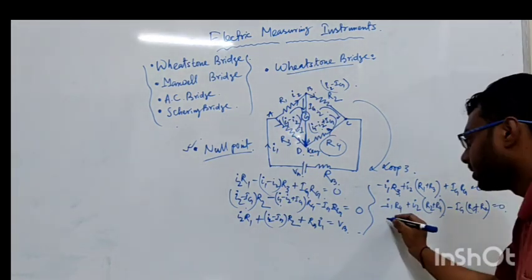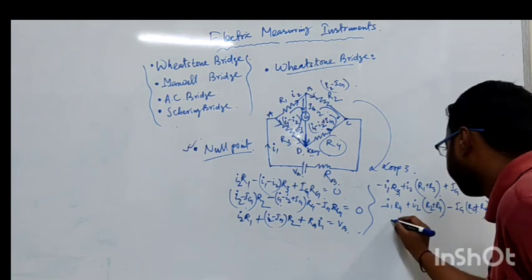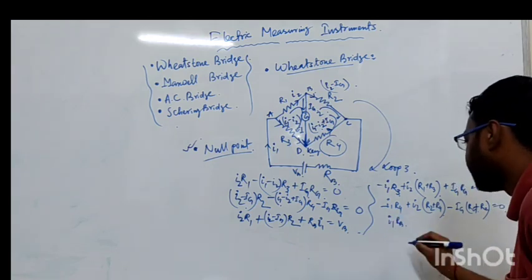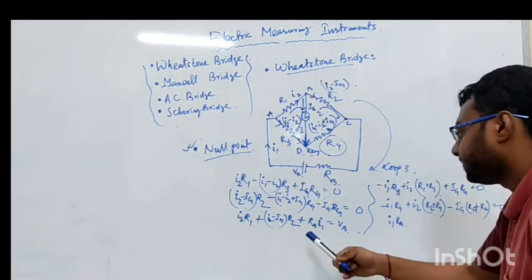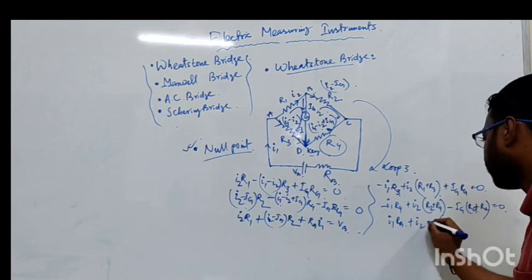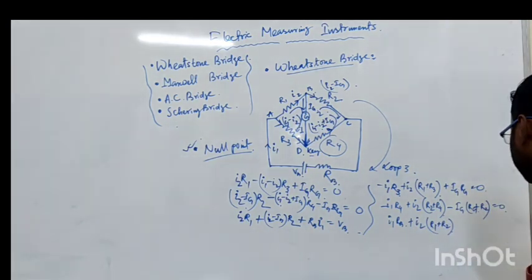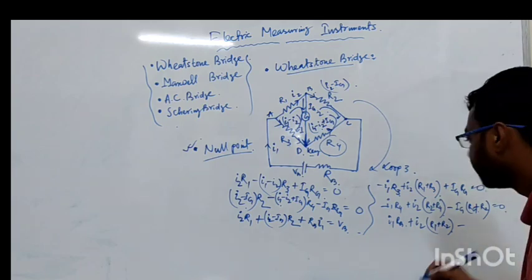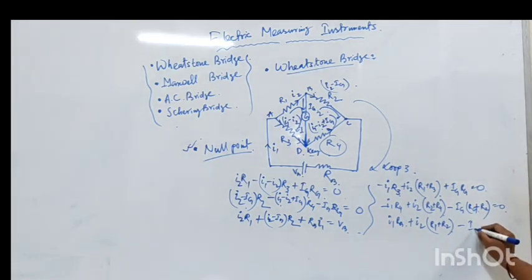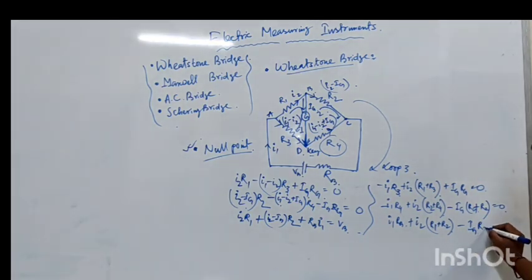And the last one, which is I1 RB plus I2 into R1 plus R2 minus IG RB, IG R2, equal to VB.